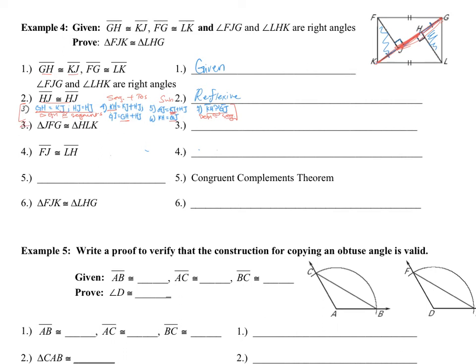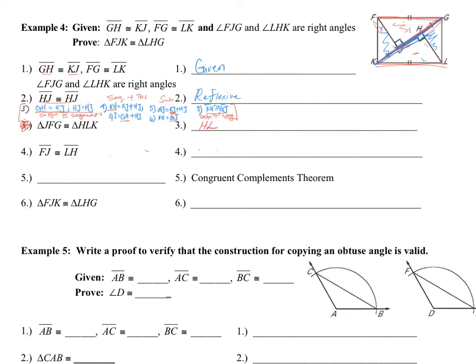So then therefore, by the time you get to step 8, we can state that triangle JFG and triangle HLK are congruent by the HL theorem, because this side is congruent to this side, and this side is congruent to this side, and these two are right triangles.